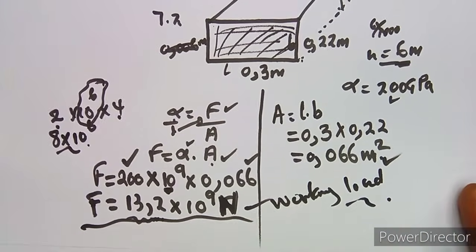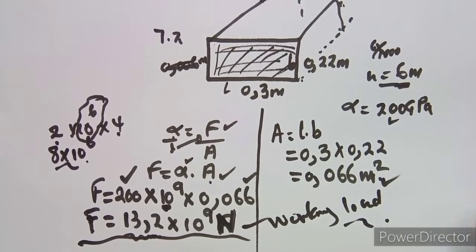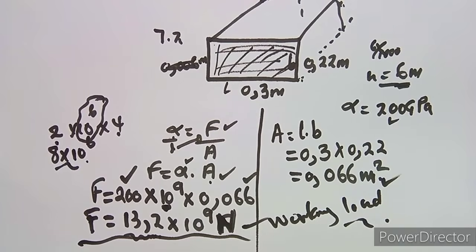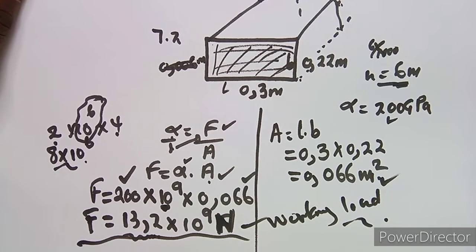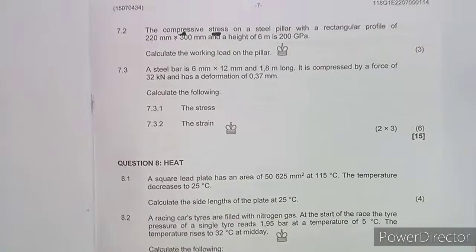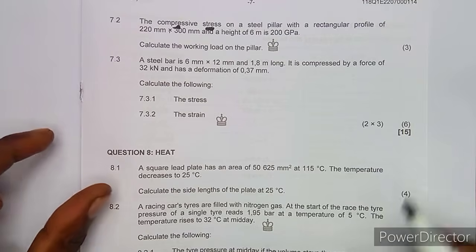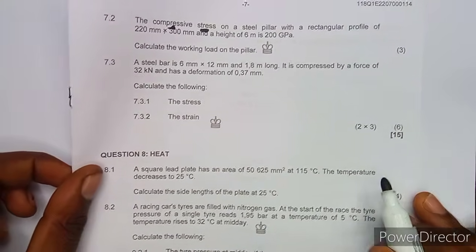All right, so that's what we had, guys, from this part here, because they actually ask these typical questions where you need to connect the dots of the formulas that you'll be given in your formula sheet. Then 7.3, we are given a steel bar. We are given another condition again.